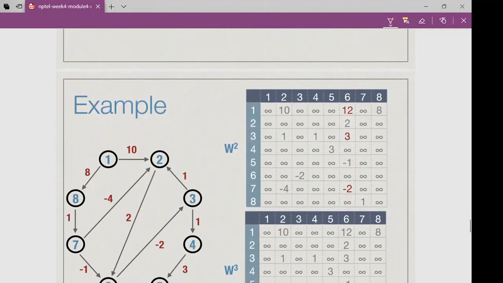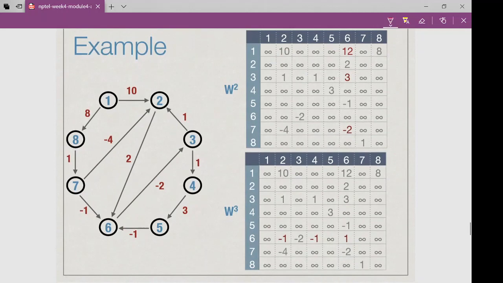Let's see. Our algorithm will run and check. So we have these paths. Using 3, we can go from 6 to 4, we can go 6 to 2, and we can go from 6 to 6 by taking this loop, right?